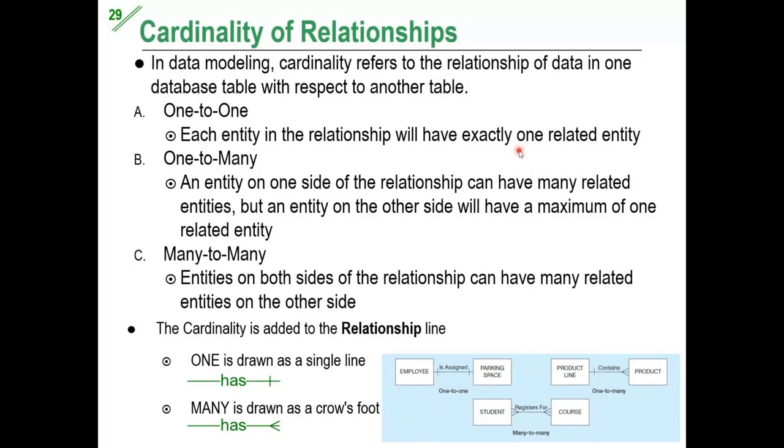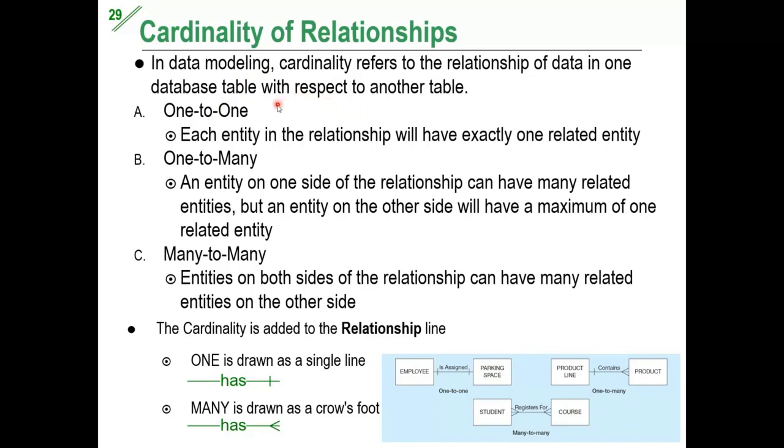For example, one employee can have one parking space in the company. We don't have multiple parking spaces allocated for us. You have exactly one parking space, so employee and parking space have a one-to-one relationship.